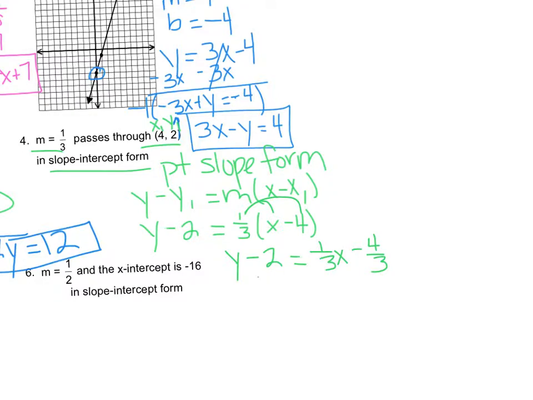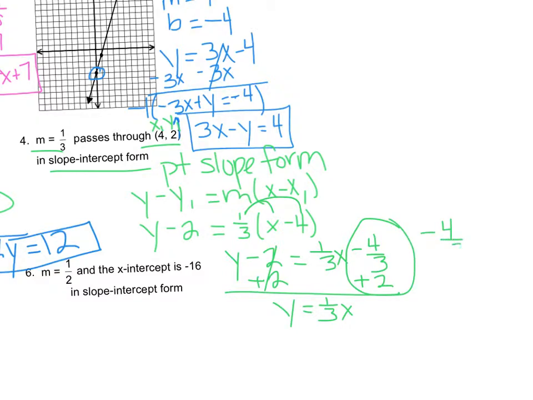Okay, so next part, we're going to add 2 because we want to get y by itself, because we want it in slope-intercept form. So you get y equals 1/3 x. Now right here, we're going to have to add these together, so we have to have a common denominator. So we want the denominator to be a 3.